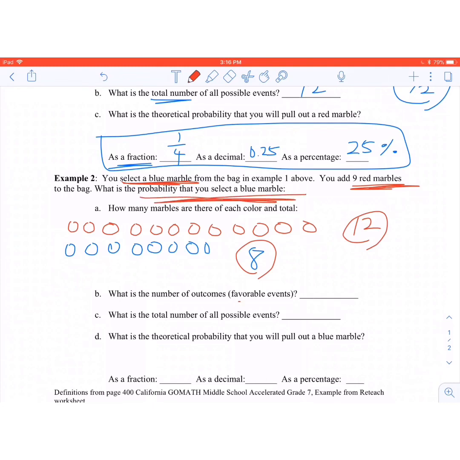So our favorable event is selecting a blue marble, so there are 8 blue marbles in there. And then what is the total number of all possible events? You have to add the possible chance of selecting blue and also red. So 8 plus 12 is 20. So what that means is you have an 8 out of 20 chance of selecting a blue marble from the new bag of marbles.